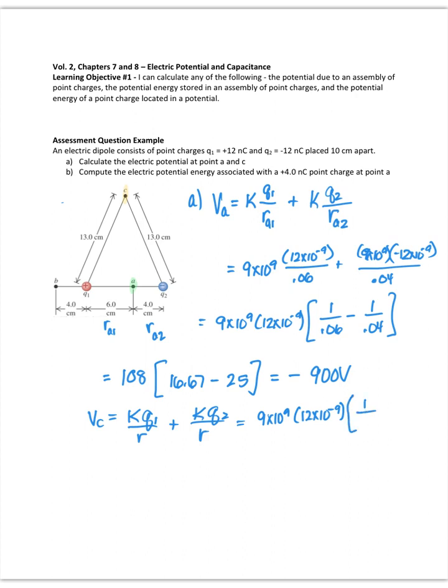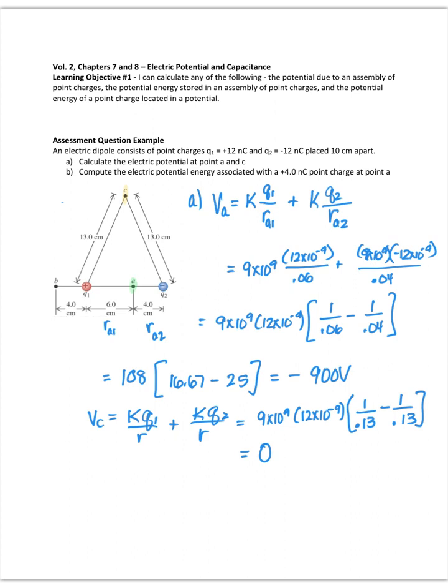I have 1 over 0.13 minus 1 over 0.13. And so I'm going to find that the potential at point C is 0. And that makes sense because these two charges have equal magnitude but opposite sign, and because I'm equidistant from each of them, the one will have a positive potential, one will have a negative, they'll be exactly the same magnitude, and so they cancel out.